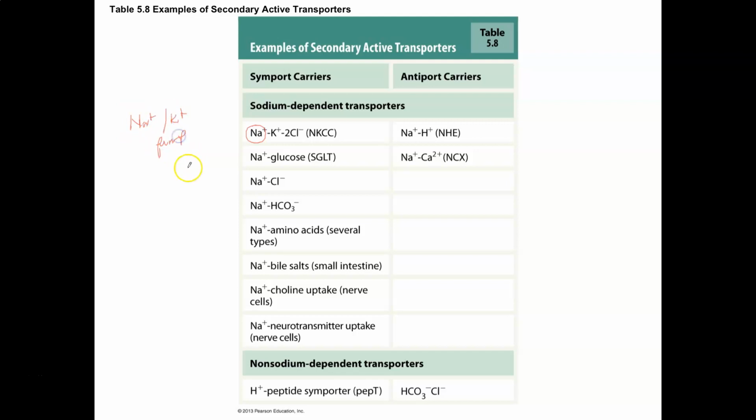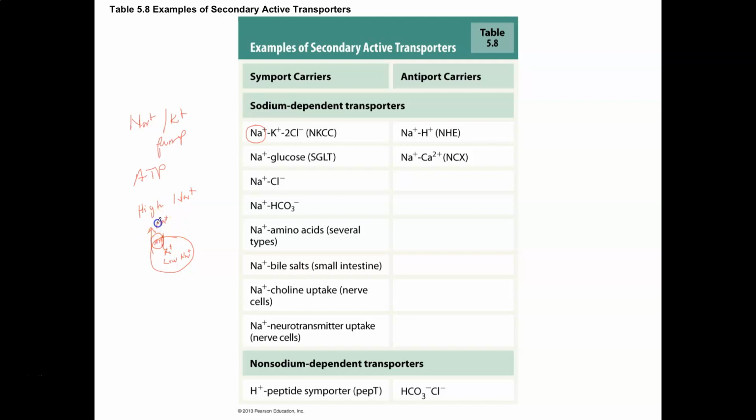Remember, the sodium-potassium pump uses ATP to create or maintain that high level of sodium outside of cells. So we have high sodium outside, low sodium inside. The only way that's maintained is to use the sodium-potassium pump to move that sodium out of the cell. Right? Sodium out, potassium in. And so we're using ATP to do that.